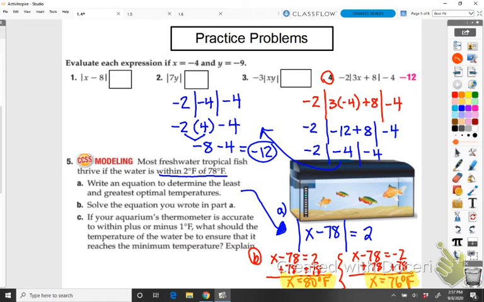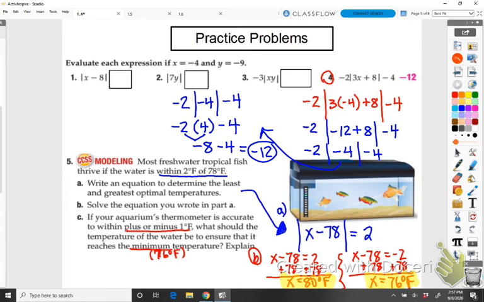Part C, if your aquarium's thermometer is accurate within plus or minus 1 degree, what should the temperature of the water be to ensure that it reaches the minimum temperature? So our minimum, remember, that was 76.